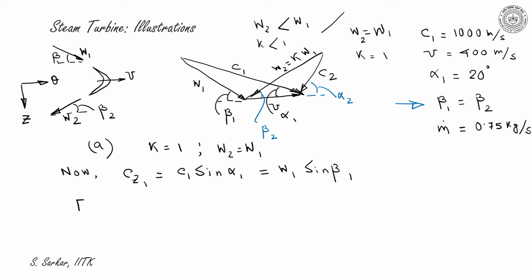Further, let us consider C theta 1. C theta 1 is equal to C1 cos alpha 1. So I am correlating now C theta 1 with W theta 1.